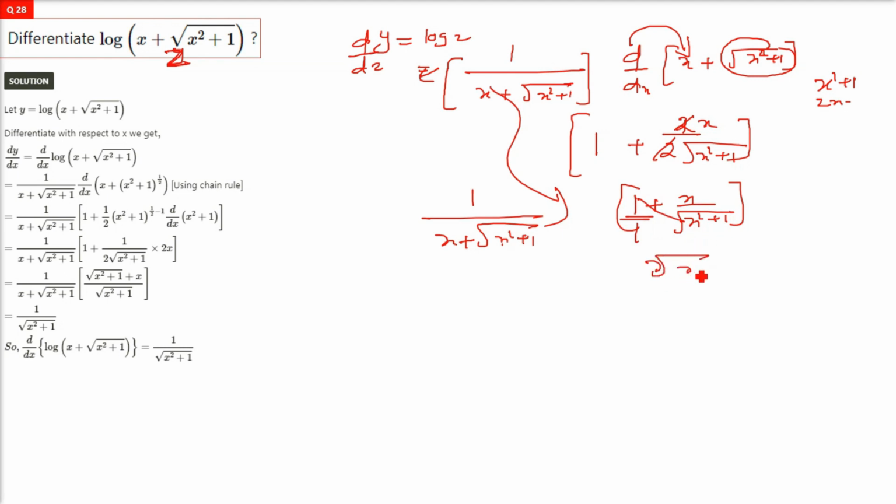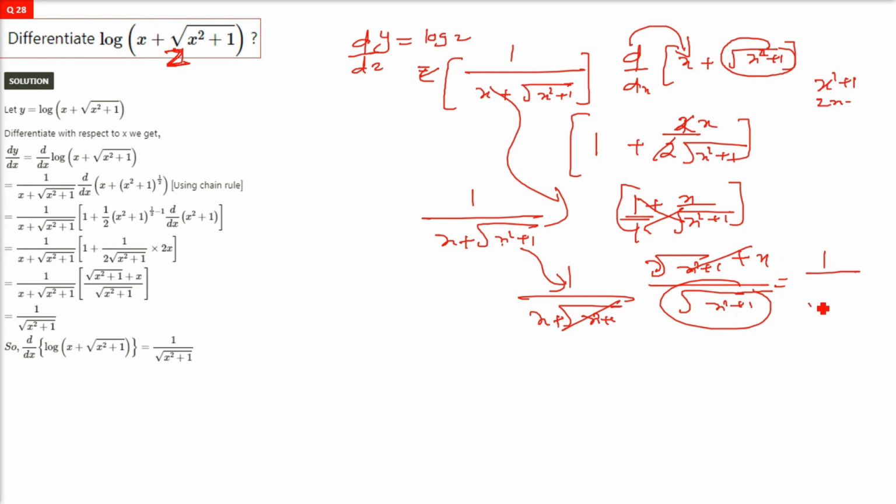This is going to be under root x square plus 1 plus x divided by under root x square plus 1. Alright. So now we can just cancel these 2 out, x plus under root x square plus 1. So this one and this one can be cancelled. You have 1 by under root x square plus 1. This is your answer. 1 by under root x square plus 1.